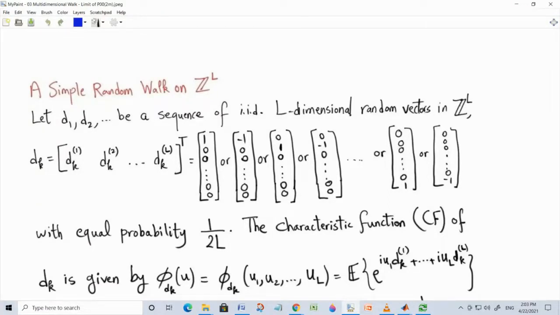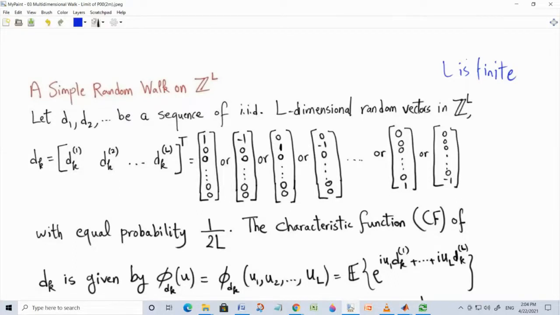So we will start at the origin, and now we will do a walk in a space of arbitrary dimensionality, but of course L is finite. It can be any finite number. So we are done with L equals 1, and now we will do a general L, but things here will be more sophisticated.